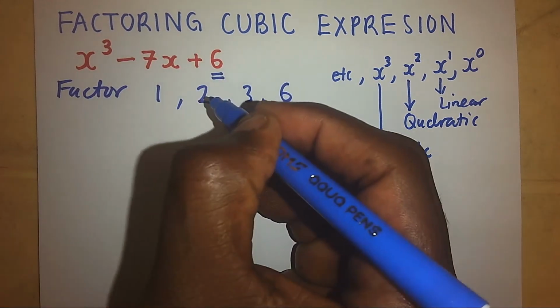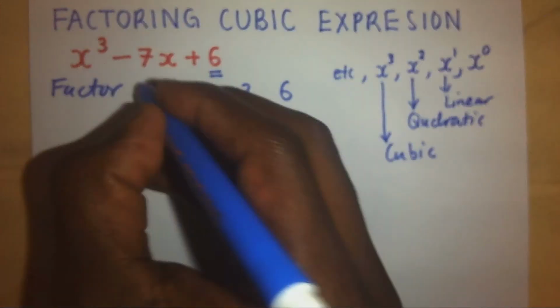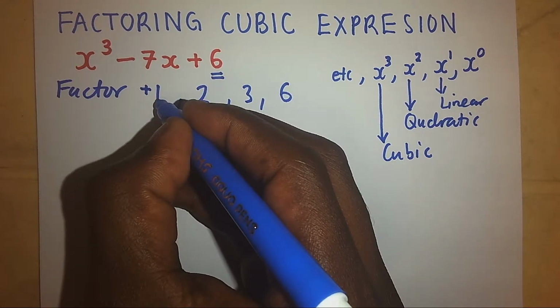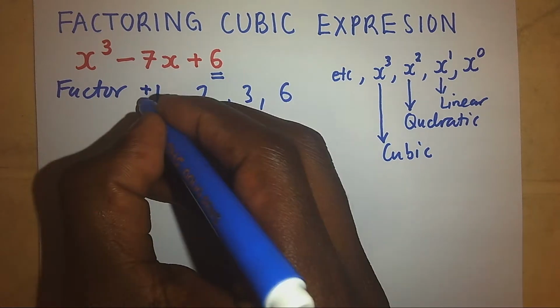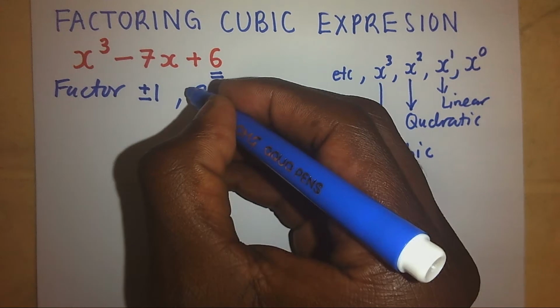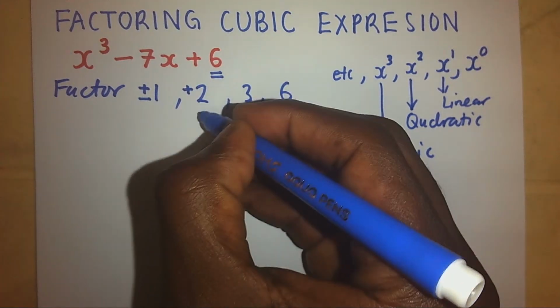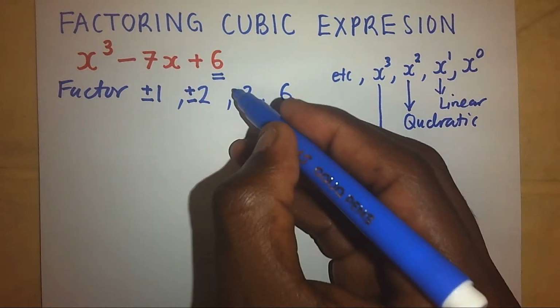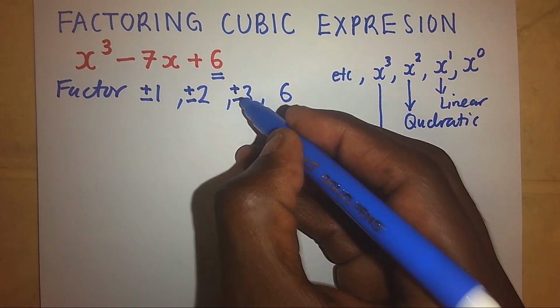But remember, we need to test 1 as a positive, and if we don't get 0, we shall test 1 as a negative. Then we shall go to 2 as a positive, and next we shall go to 2 as a negative. We shall continue like that for all factors.